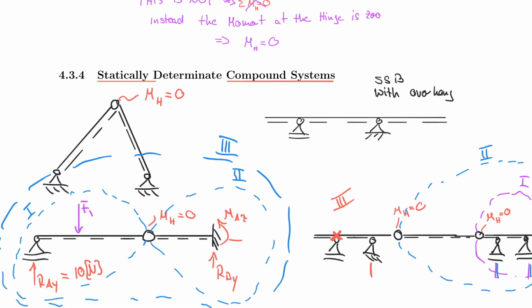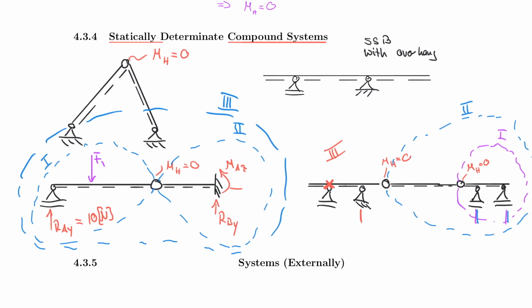But in conclusion, compound systems that are statically determinate are always systems that are made up from various different systems that are statically determinate in a sense. And so you can now identify these systems and you can, of course, understand why you can solve them. Which takes me to our last section here for the lecture today, which is statically indeterminate systems. So let's move on to statically indeterminate systems.